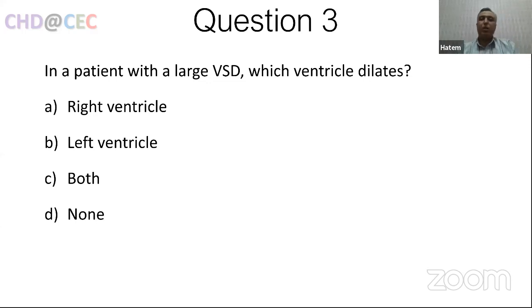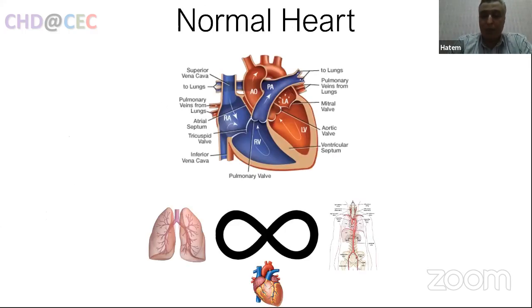So let's move on. In a normal heart, the heart supports 2 circulations, the systemic circulation and the pulmonary circulation. Systemic venous blood, deoxygenated blood, comes back to the right side and then gets pumped into the pulmonary circulation.